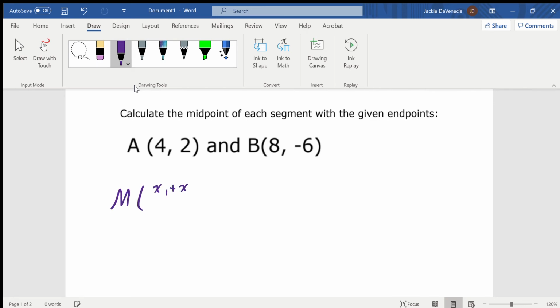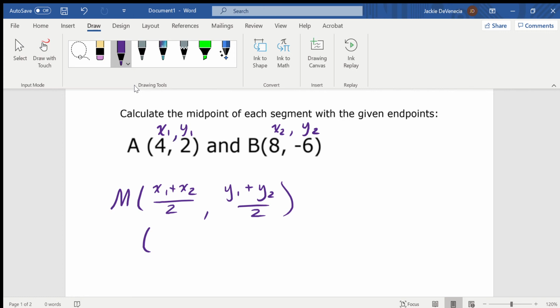X1 plus x2 divided by 2, y1 plus y2 divided by 2, right? And then you just want to replace everything over here. So just like before, the first letter is going to be my first set of coordinates, and the second letter is going to be my second set. And I just want to go ahead and replace these values.